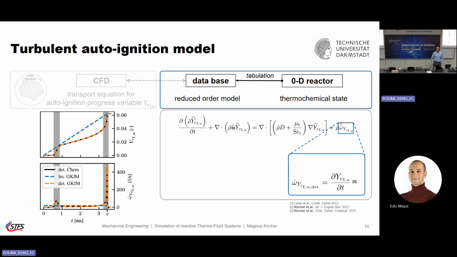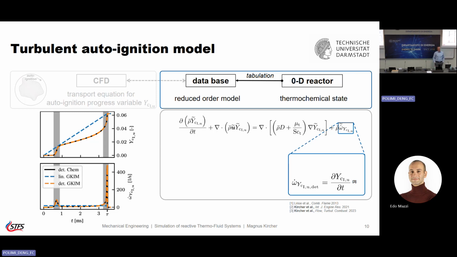Then during runtime, over the auto ignition progress variable, we access the results of the single homogeneous reactor calculation, and then we need to assume that the interpolation of several homogeneous reactor calculations based on different initial conditions resembles the development of the unburned mixture in the CFD.